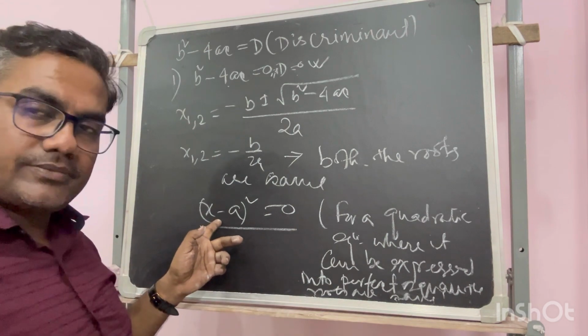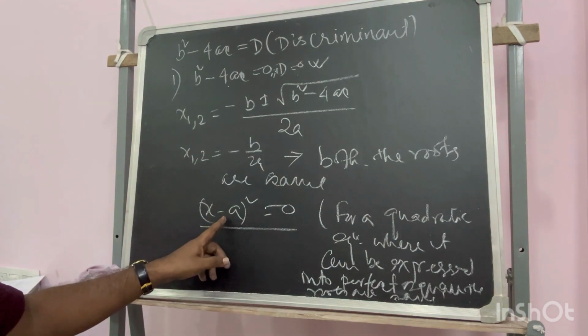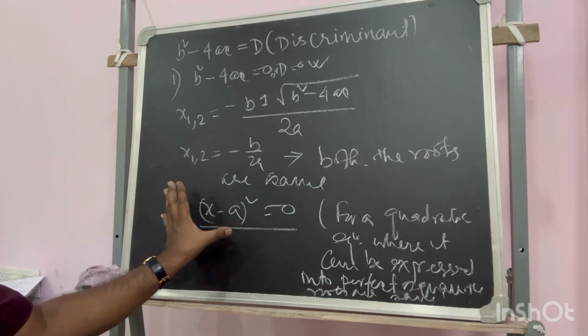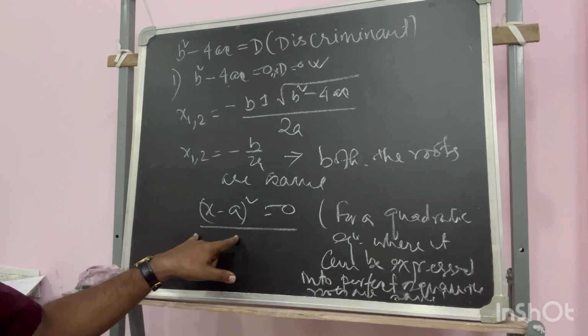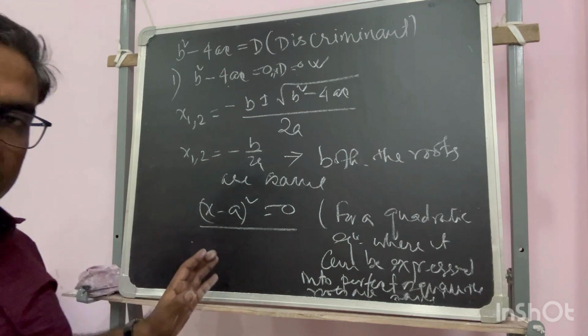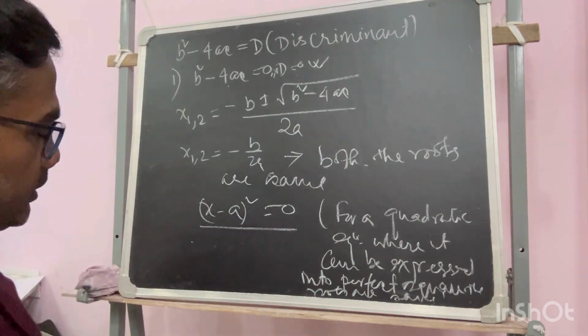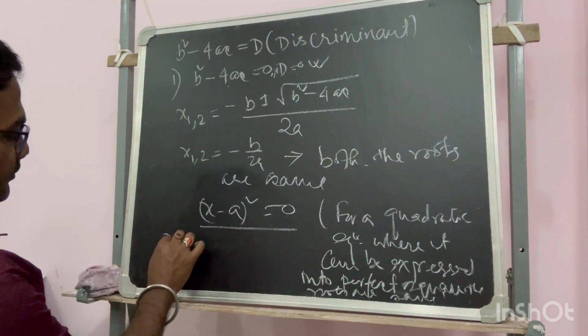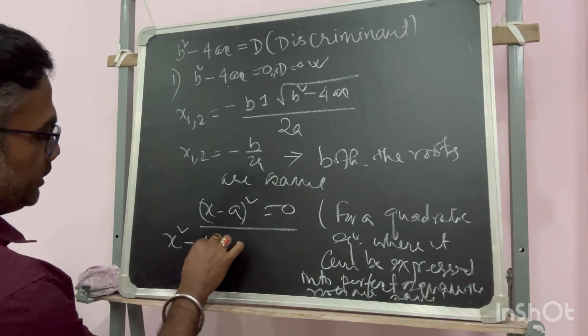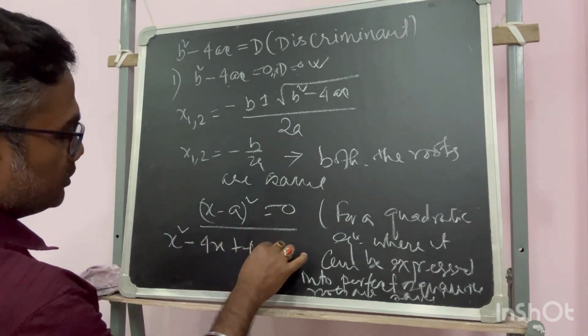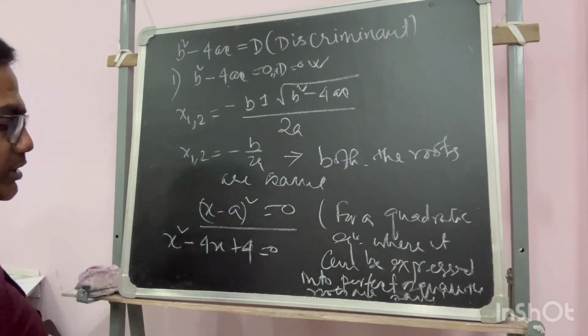So if I can represent the whole expression as a square of some complete terms, then the roots are the same. For example, x square minus 4x plus 4 is equal to 0. This is also a quadratic equation.